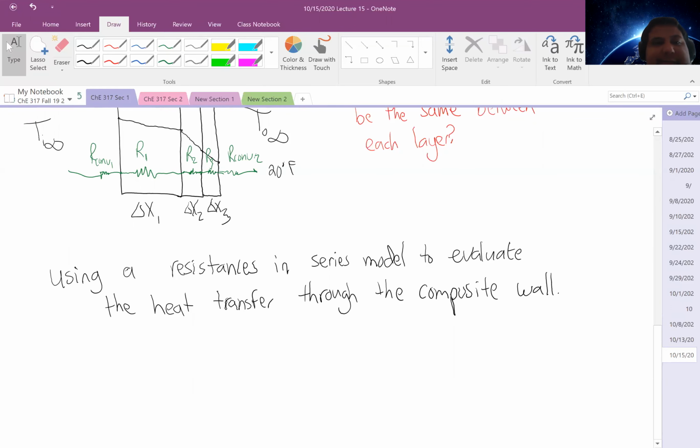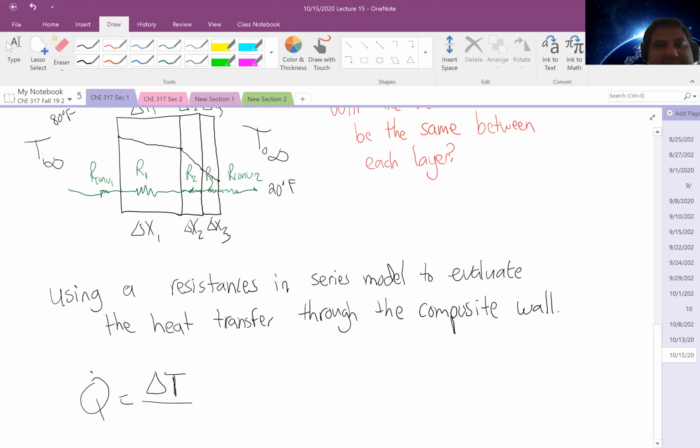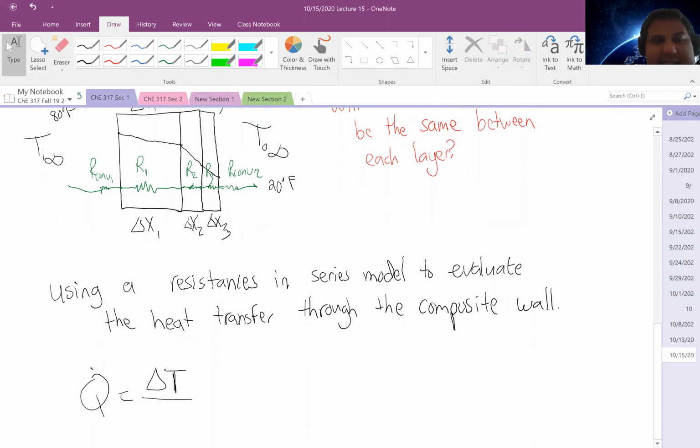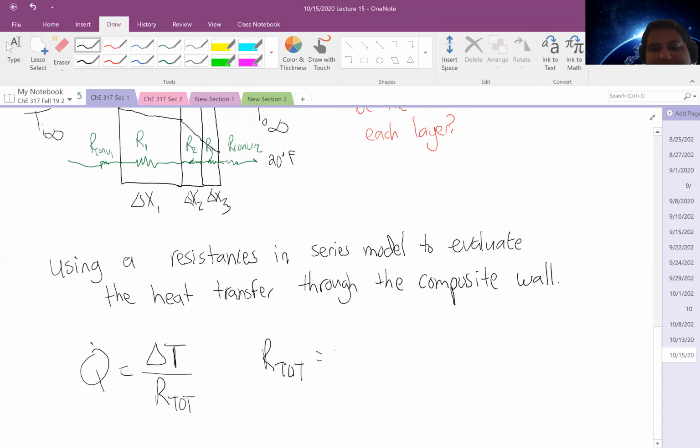And what it allows me to do is, for my system, which is actually a combination of conduction and convection, I could say my heat transfer can simply be calculated as the temperature gradient over the whole system, or T_i infinity minus T_o infinity, divided by the total thermal resistance, where R total is R convection 1 plus R1 plus R2 plus R3 plus R convection 2.